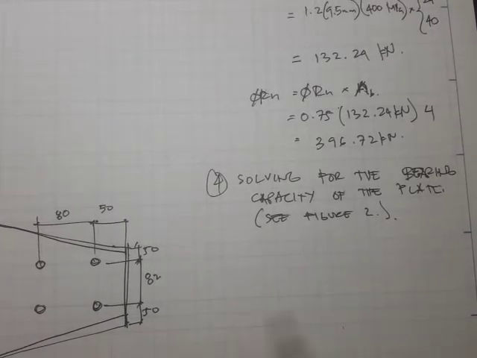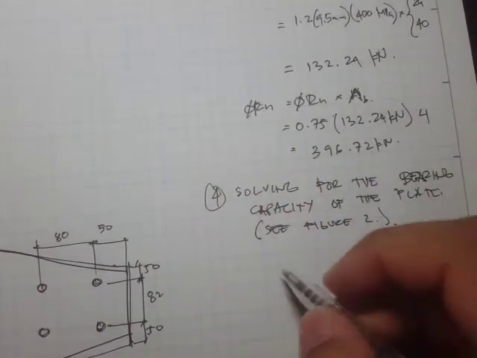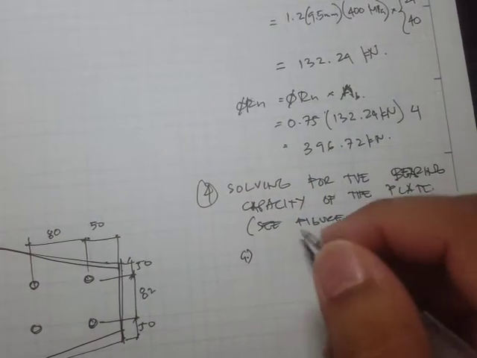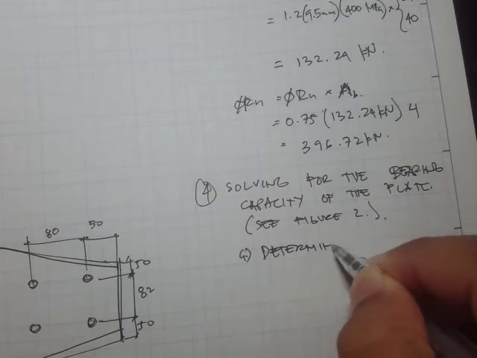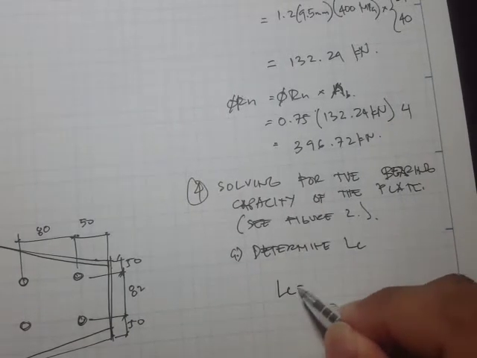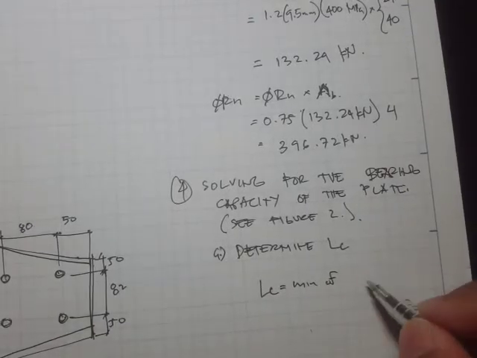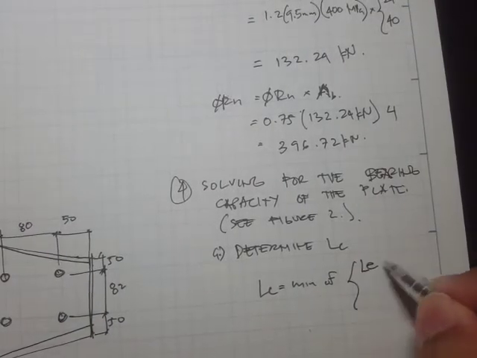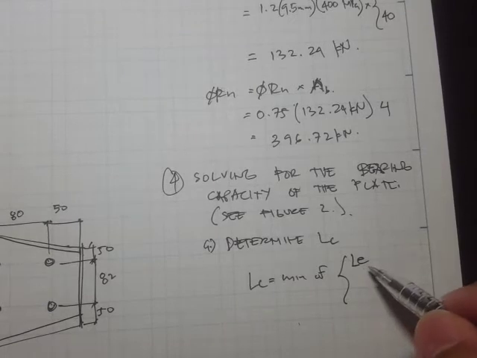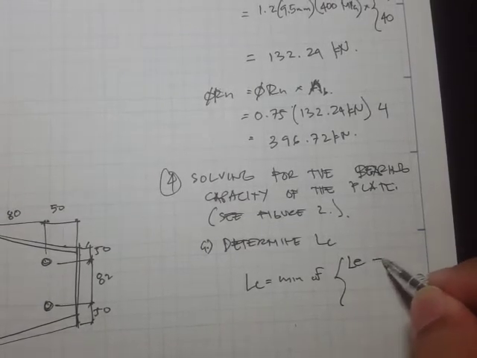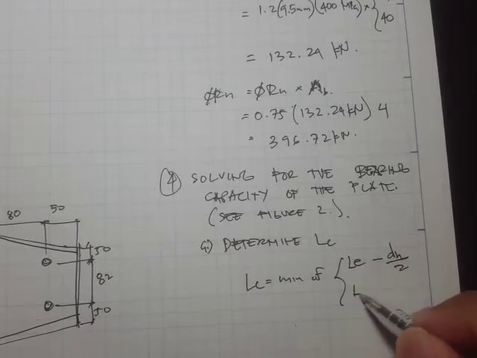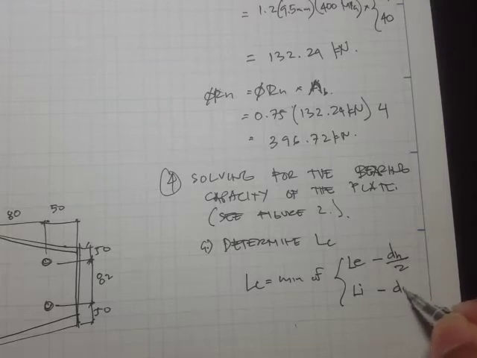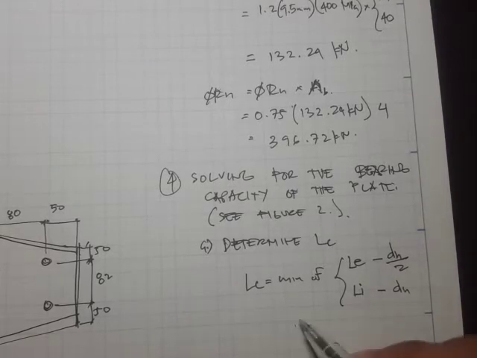Okay, so now we have to solve for the Lc. Okay, so Lc is equal to the minimum of the edge distance minus the diameter of hole over 2, or the interior distance minus the diameter of hole.